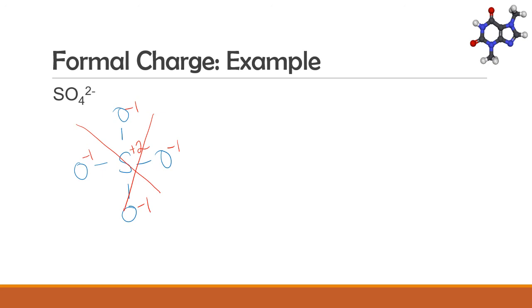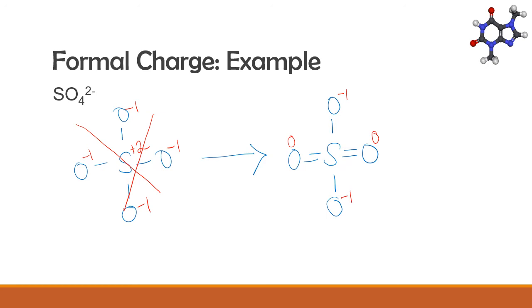The most plausible structure for the sulfate ion is one where the sulfur atom is double bonded to 2 of the oxygen atoms. If we calculated the formal charges of all the atoms here, the double bonded oxygen atoms would now have a formal charge of 0. The single bonded oxygen atoms would still have a formal charge of -1.